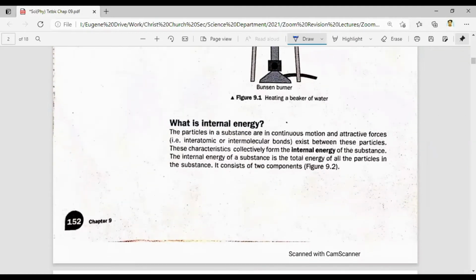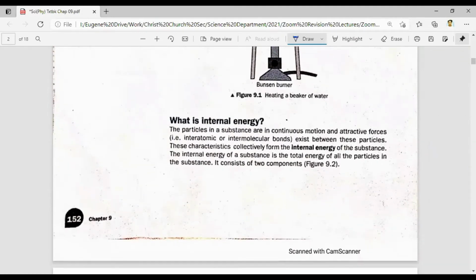So what exactly is internal energy? The particles in a substance are in continuous motion. This is the kinetic particle theory. There are also attractive forces that exist between these particles. Because of the continuous motion, anything that's moving has speed, so we talk about it having KE.